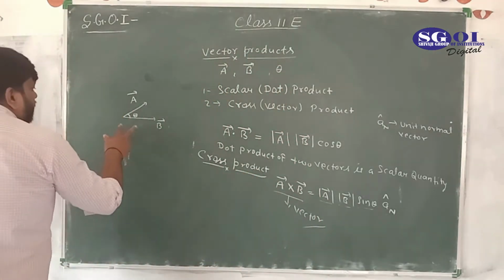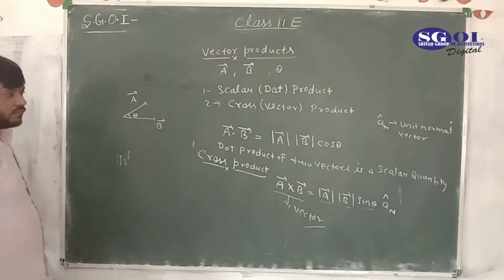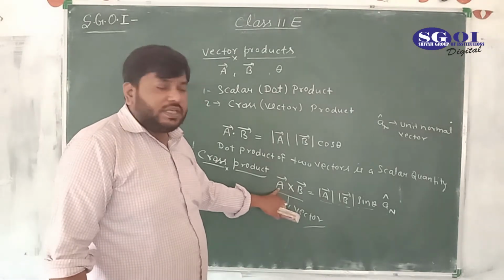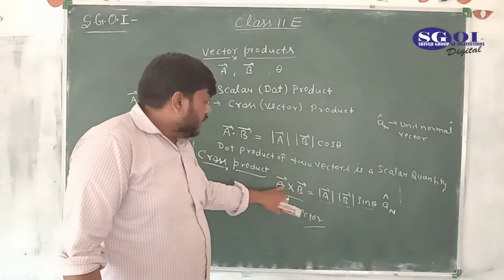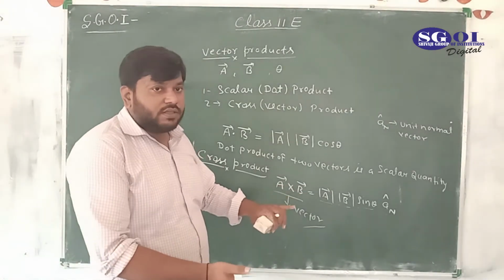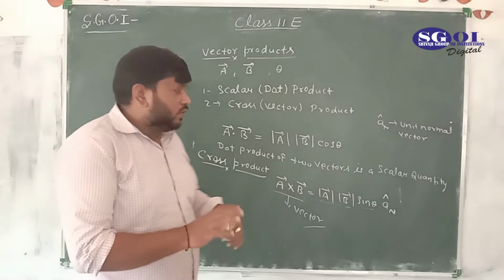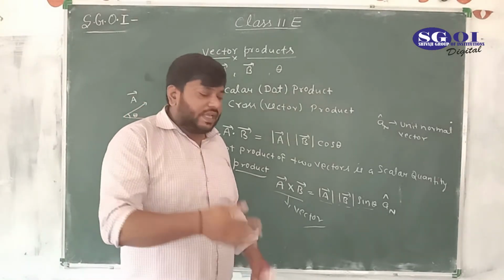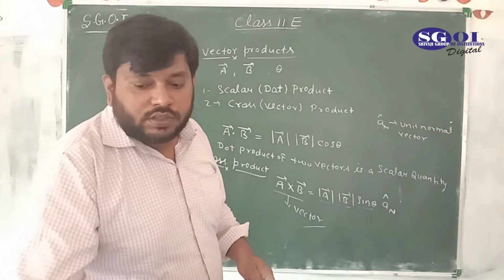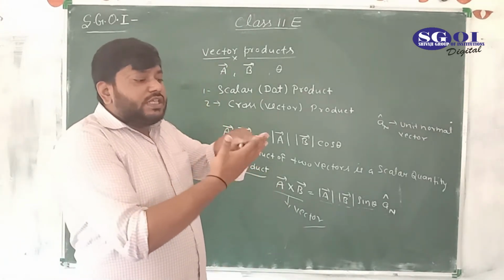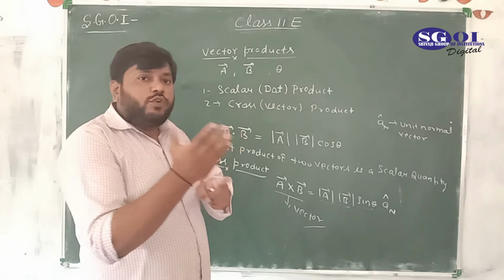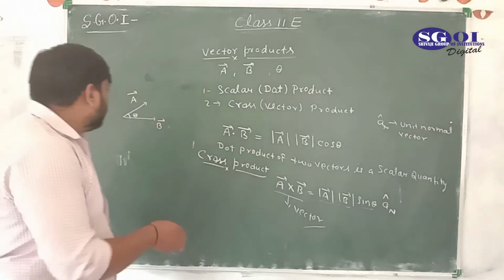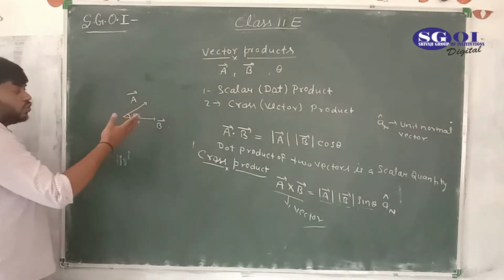So this is A, this is B, and you are seeing here the first quantity is A and the second quantity is B. A cross B. This is not B cross A. First of all, you would put your hand like that. Either this portion or this portion would be put on the starting vector.